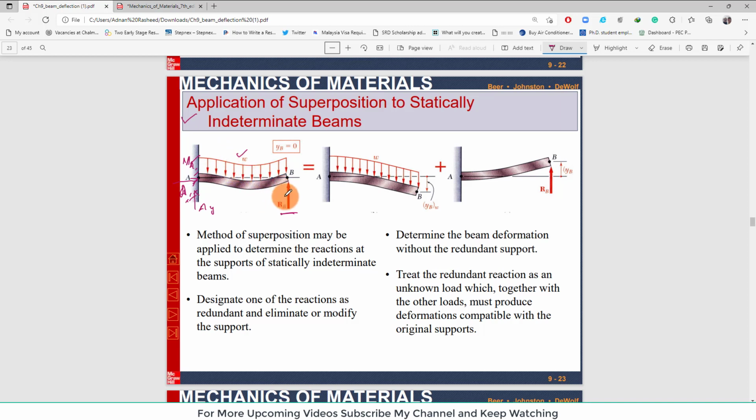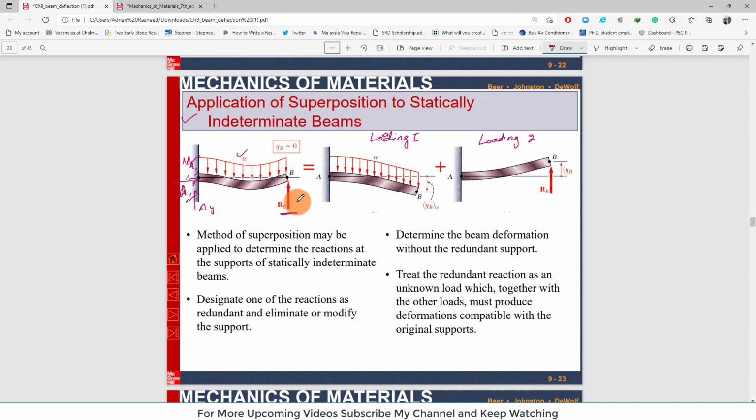So what we will do is divide this loading into loading 1 and loading 2. How will we divide it? This is loading 1, and this is loading 2. Clear? You can see you have a uniformly distributed load and a reaction force.